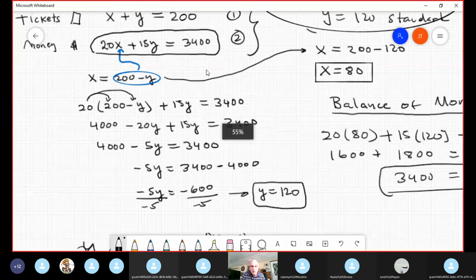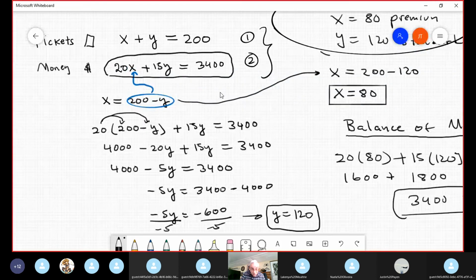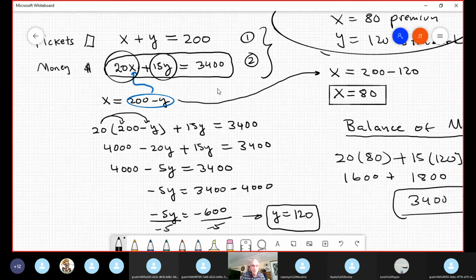I suppose that the most complicated equation is the money equation. The money equation contains two parts: the part for the standard and the part for the premium. Oh, sorry, opposite. X is premium, and Y is standard.